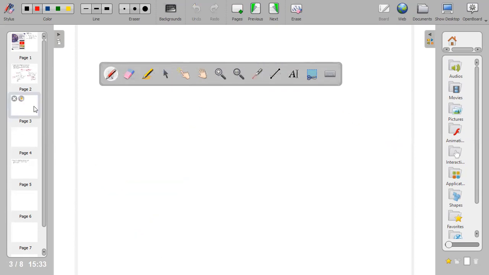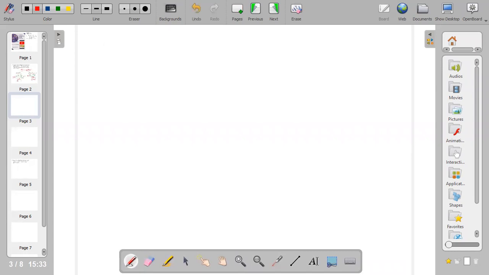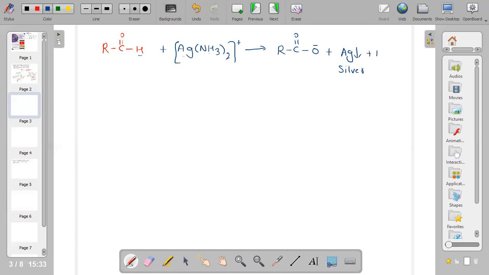Now come to the next point, how to write the reaction. Take any aldehyde, RCHO, and react it with Tollens reagent, [Ag(NH3)2]+. It gives RCOO-: remove the hydrogen and put O negative in its place. Plus, the Ag+ is reduced to silver, ammonia NH3 is released, and the third thing, water is removed.